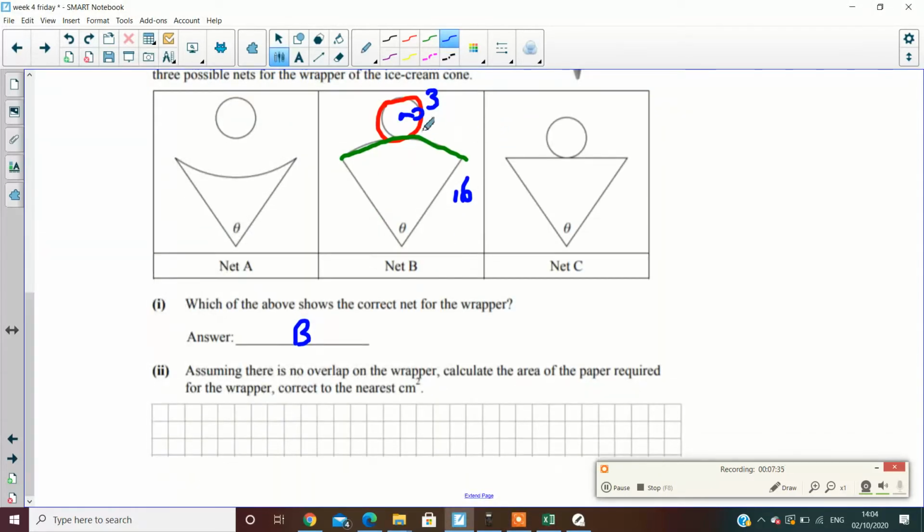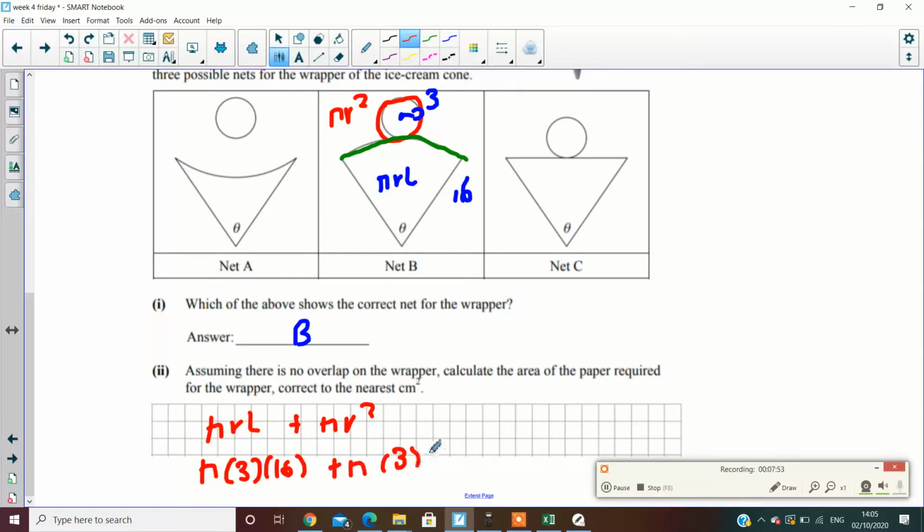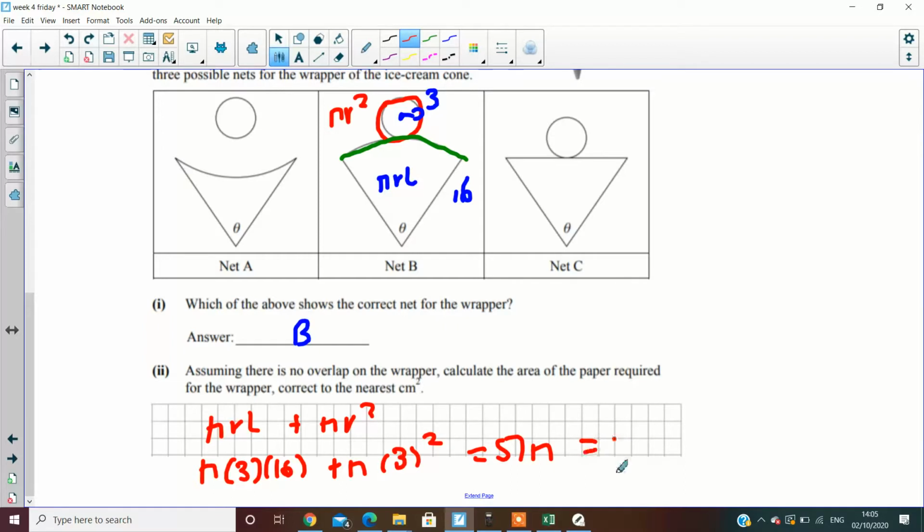So now you have πrL, which will get you the curved surface area part, and πr² will get you the circle on top. So it's πrL plus πr², π times 3 times 16 plus π times 3². You end up getting 57π, which will convert into 179 centimeters squared.